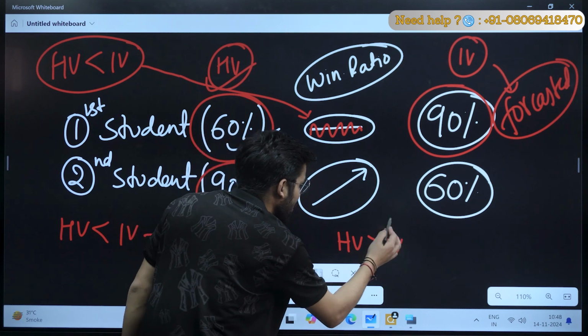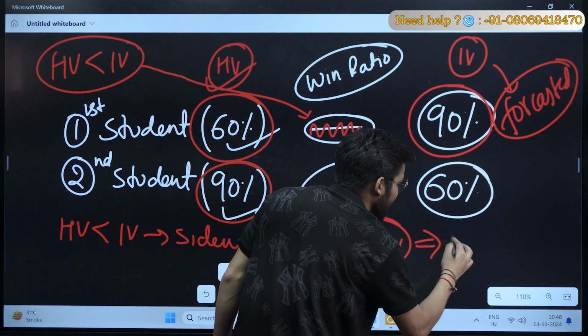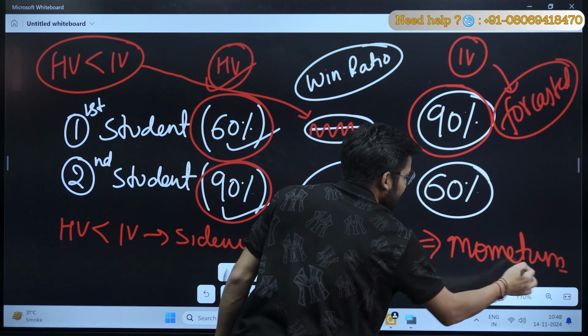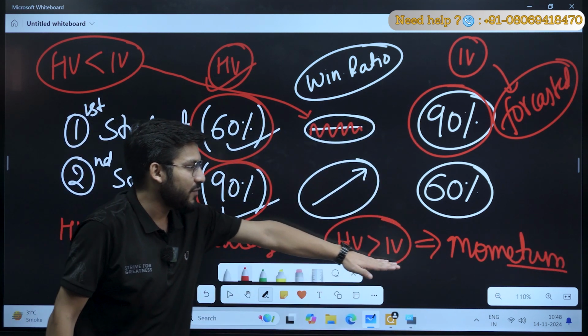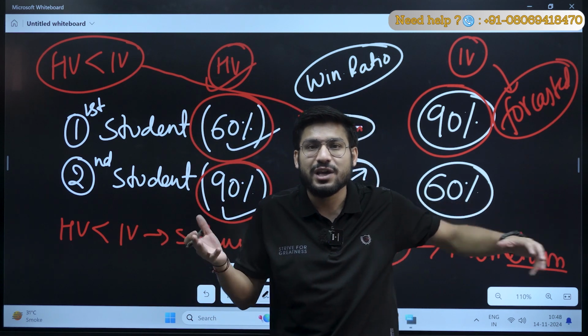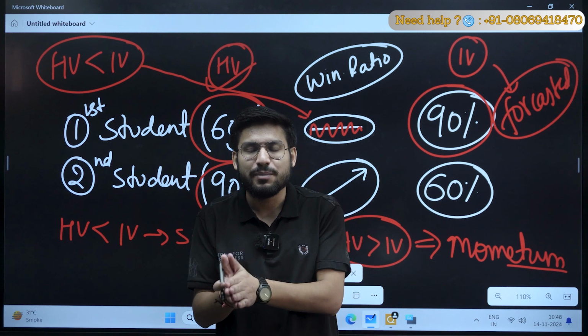Whenever your historical volatility is greater than your implied volatility, you will see good momentum in the market. This is the favorable condition for the buyer, when they buy a put or a call, they will see a good or decent increase in their premium, because the market will be in momentum.